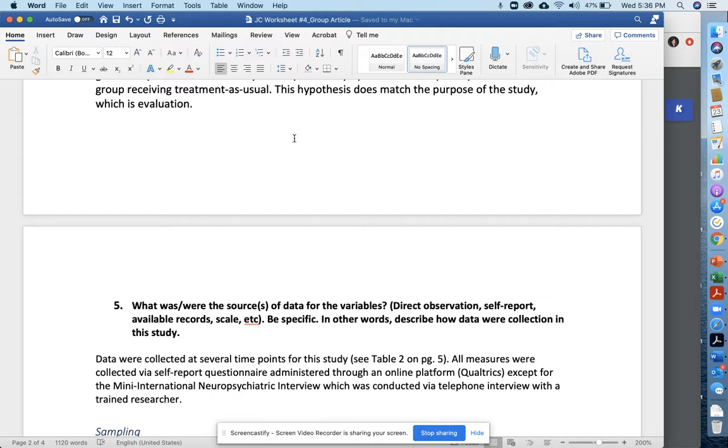All of the measures were collected using self-report questionnaires through an online platform called Qualtrics. The only measure that was not administered that way was the mini international neuropsychiatric interview, which has to be conducted by a clinician. And so it was conducted by trained researchers via a telephone interview.